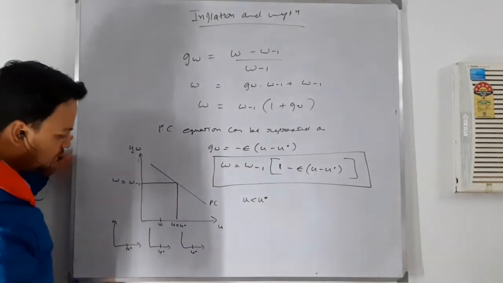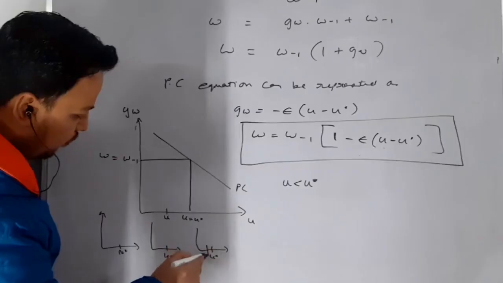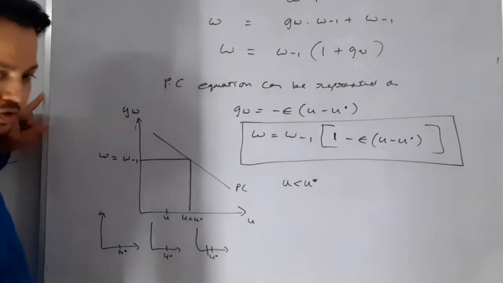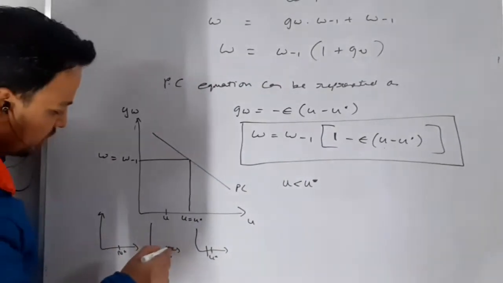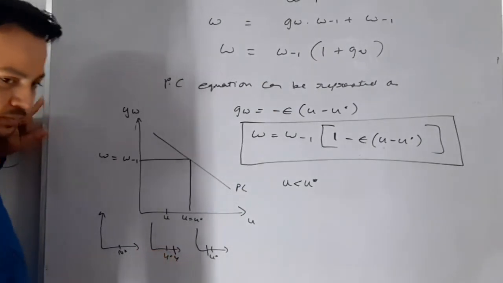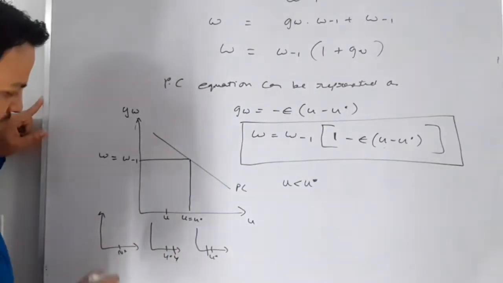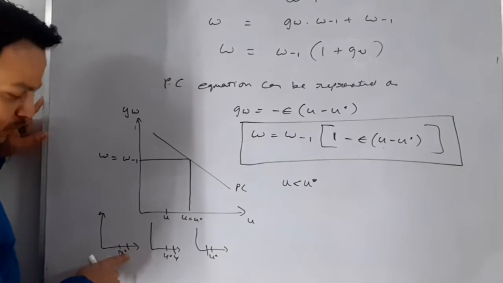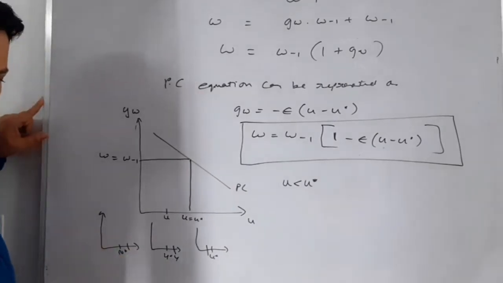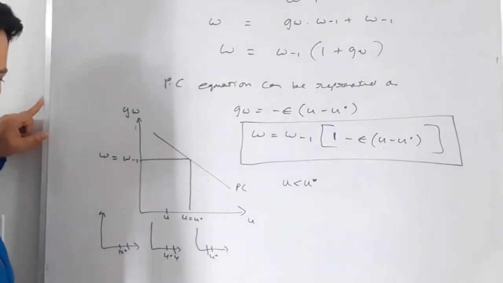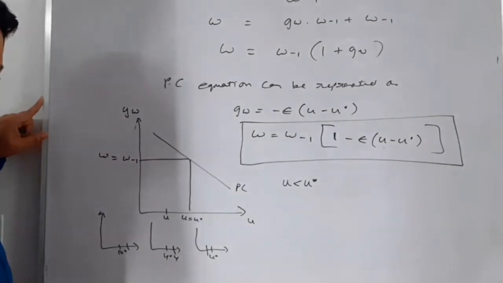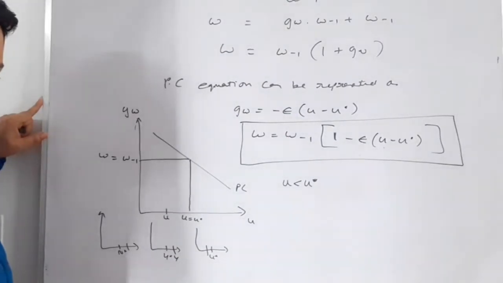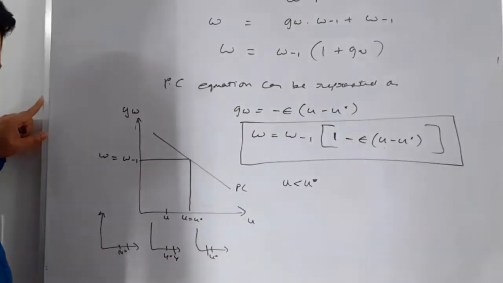Now what I am saying is that your unemployment is less than your natural rate. That means you are producing output more than full employment level. That means in the economy, employment is more than the full employment level of the labor force. Yes or no? Are people getting the point?